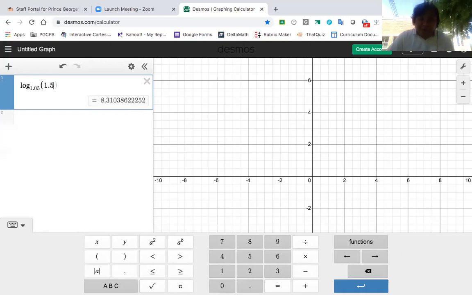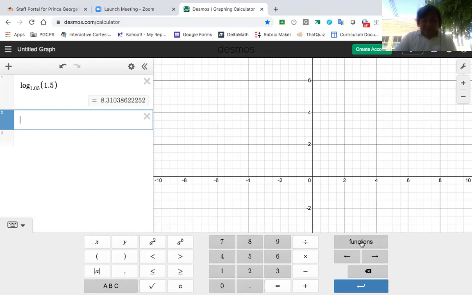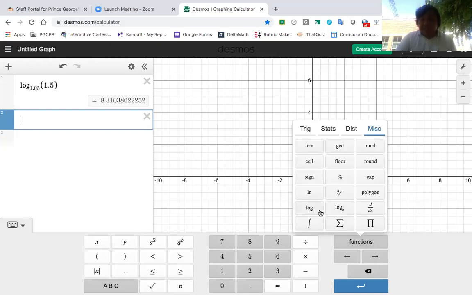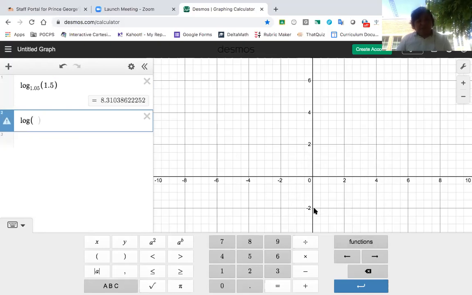But what if you're only using a regular scientific calculator, wherein you don't have any base change? You're stuck with either base 10 or natural logarithm. That's not a problem. All you have to do is base change. So logarithm, first it has to be the original power, which is 1.5, close the parenthesis.